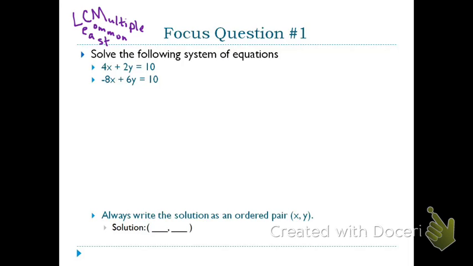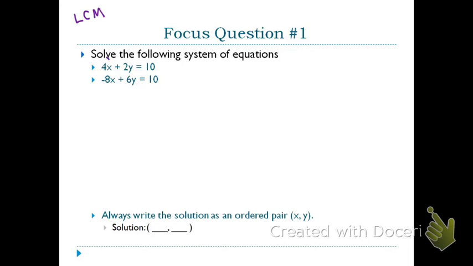The idea is that with our least common multiple, we're going to be checking what is the smallest number that both coefficients multiply into.